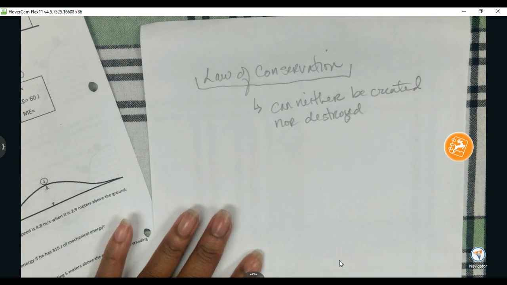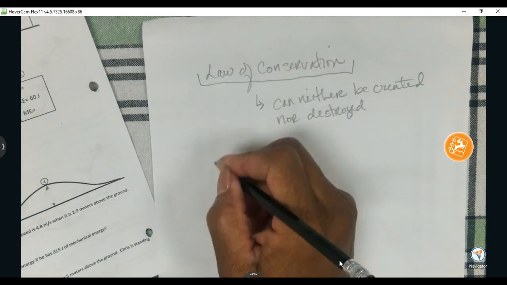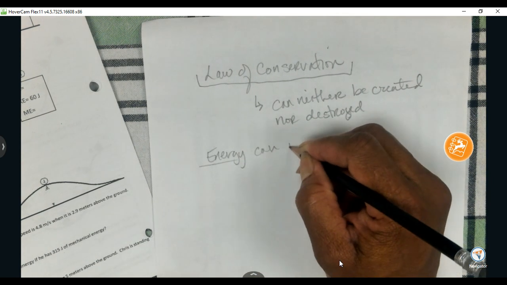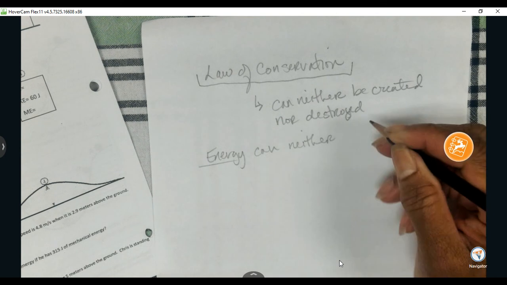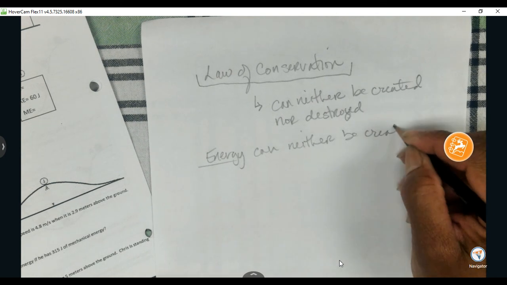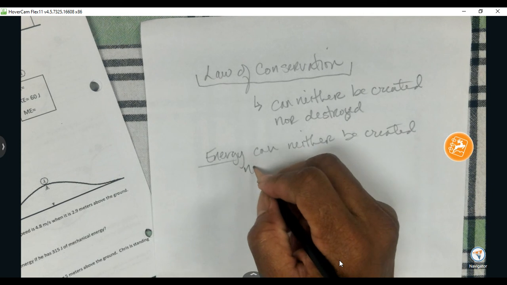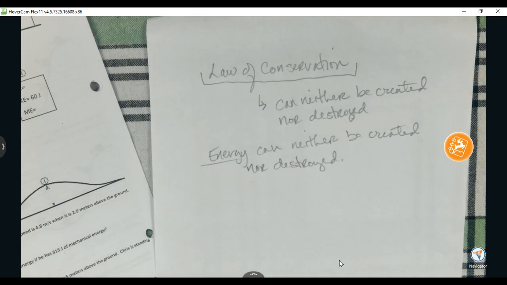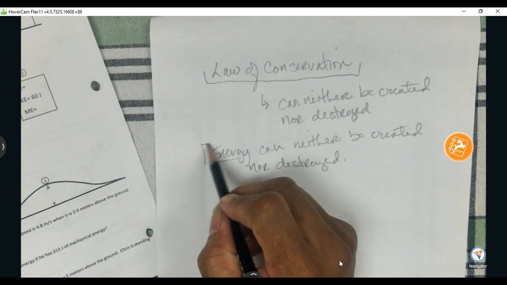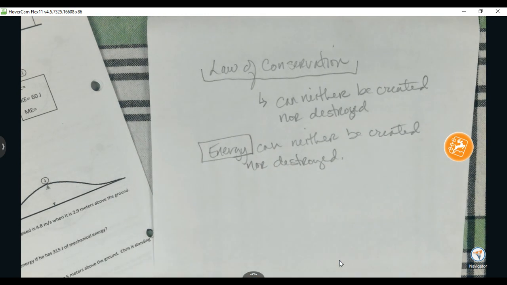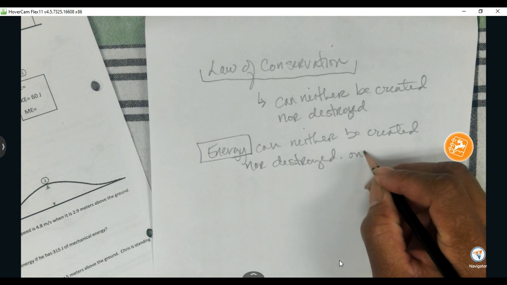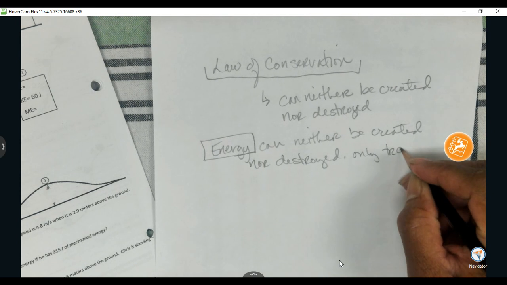So right now we're talking about energy, which means energy can neither be created nor destroyed. In other words, whatever amount of energy you start with, you're going to finish with. Energy can only be transformed, so it can't be created or destroyed, only transformed from one form to another.